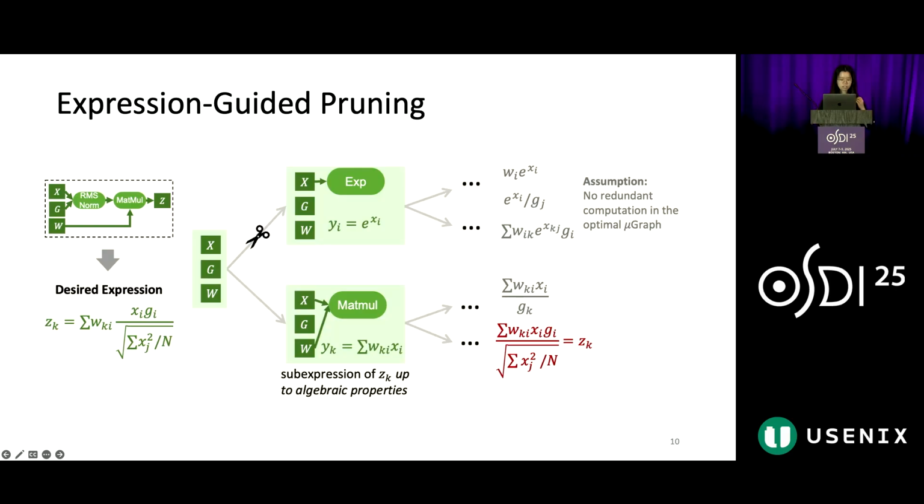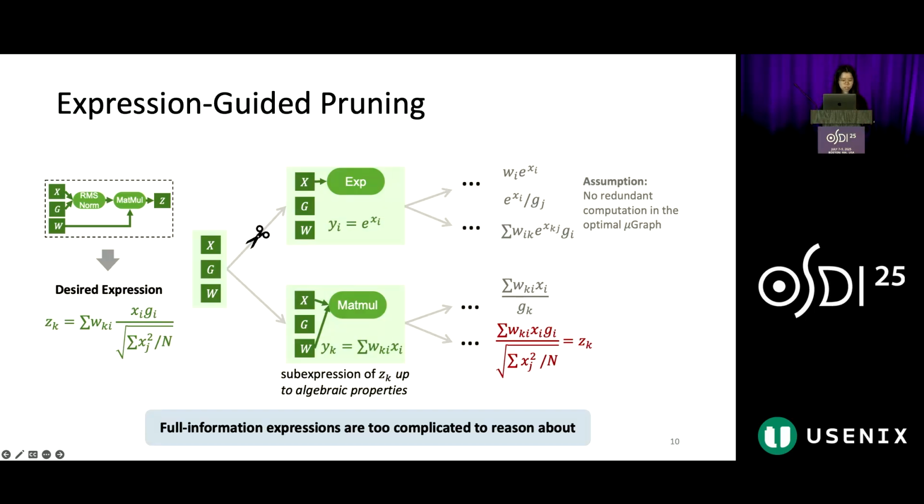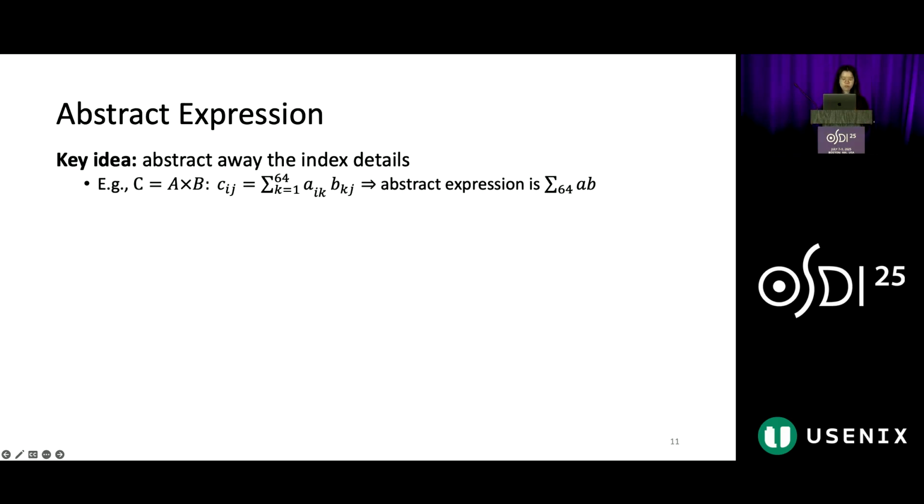And in fact, it is possible to have an expression that is equivalent to the desired one and compute yk as a substring. The expression provides good hints for pruning. However, full information expressions are still too complicated to reason about. And in Mirage, we use abstract expression.